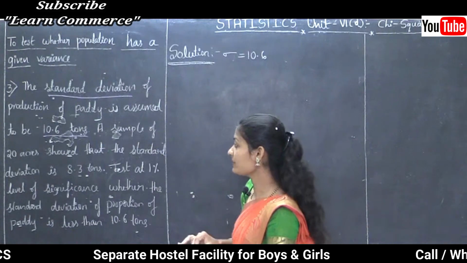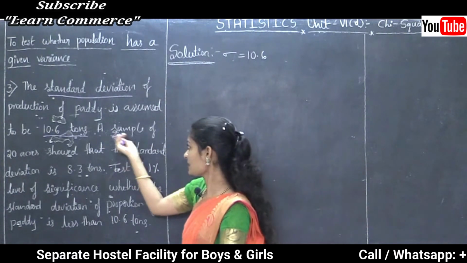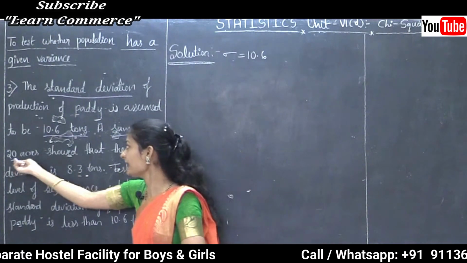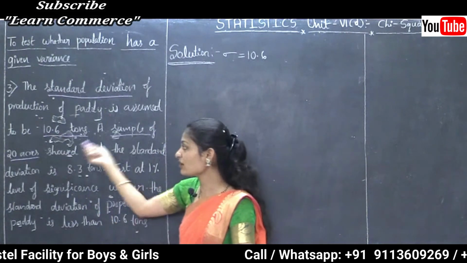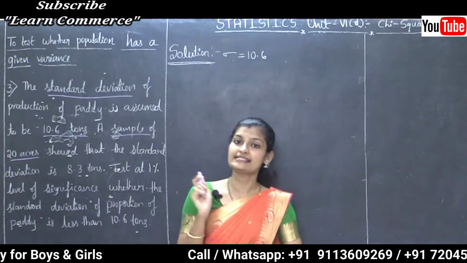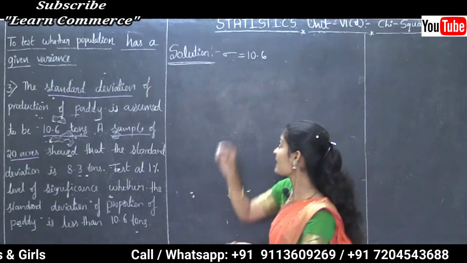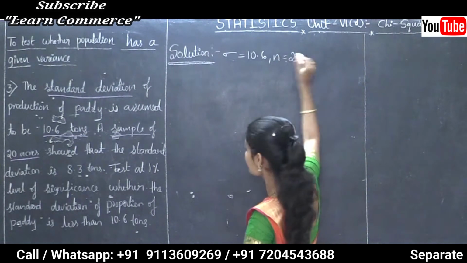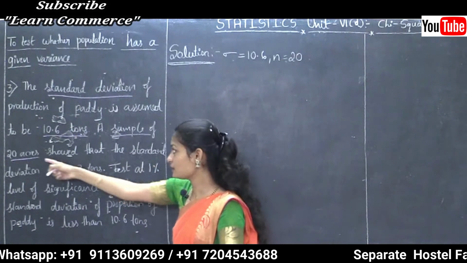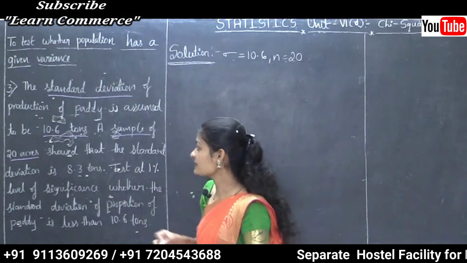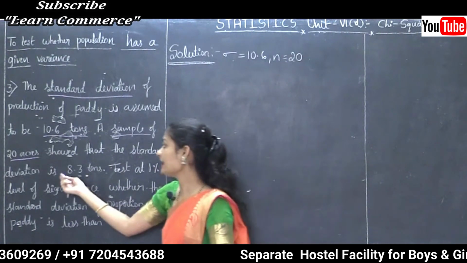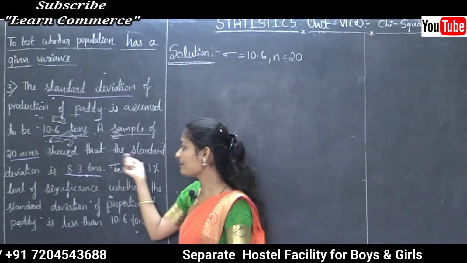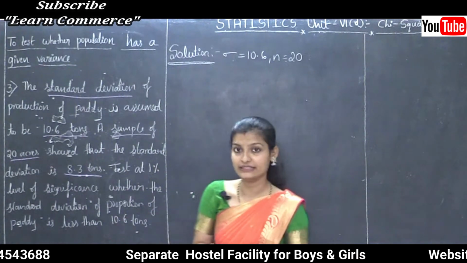A sample of 20 acres means the sample size, so n is equal to 20. The sample standard deviation is 8.3 tons.